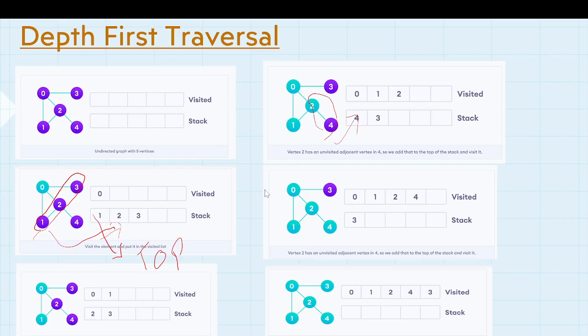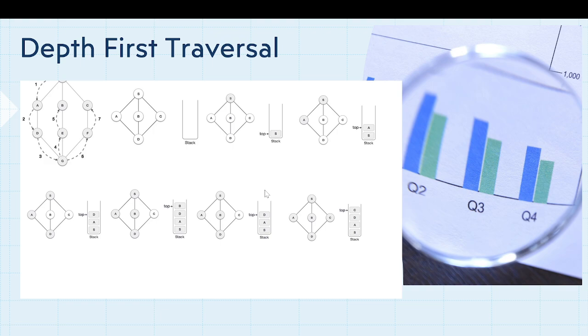So now let us look at one more example to understand the process. The depth first search algorithm utilizes the stack to perform its task. So first, the node S is put onto the stack and it is marked as visited.